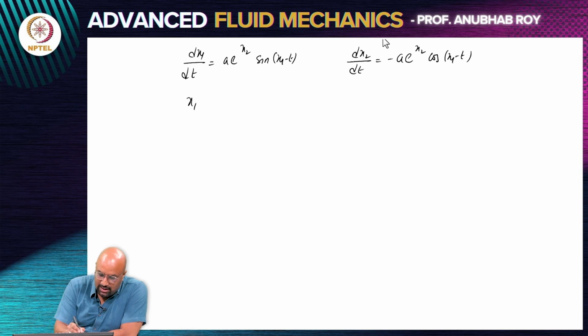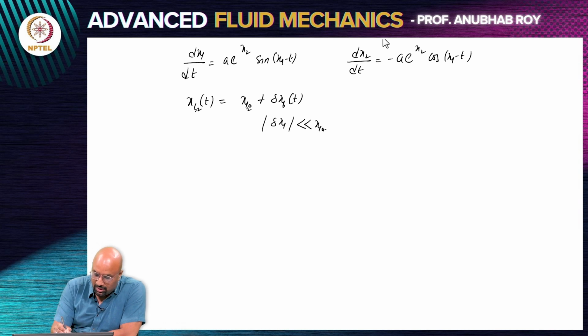So if I make that assumption that x1 of t is x1 of 0 plus delta x1 of t, where the magnitude of delta x1 of t is much smaller than x1 of 0, and the same applies for the second coordinate, then d dt of delta x1 is a exponential x2 of 0 sine x1 of 0 minus t.